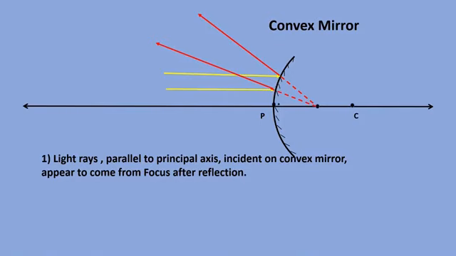So any light ray which is parallel to principal axis, when it is incident on the convex mirror, appears to come from focus.